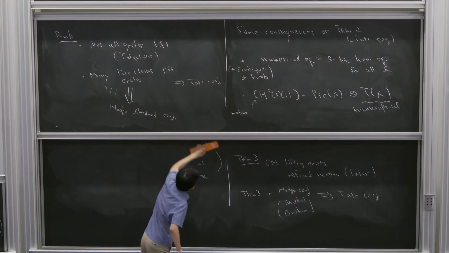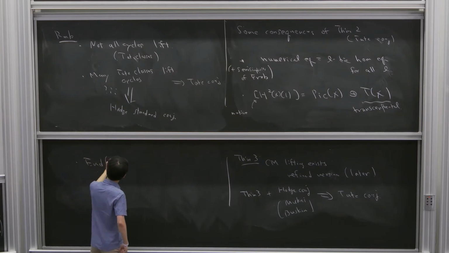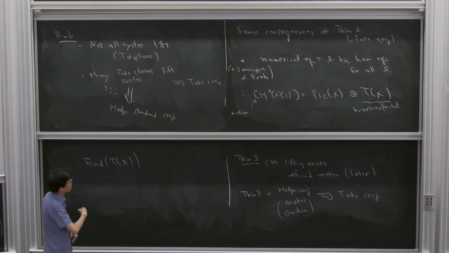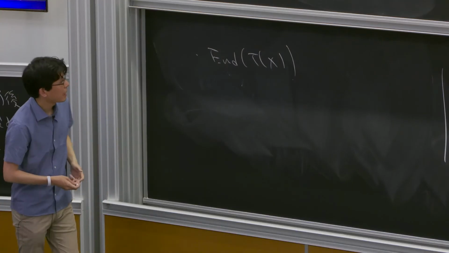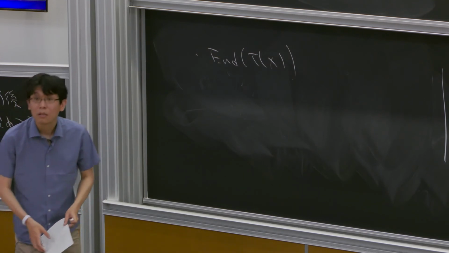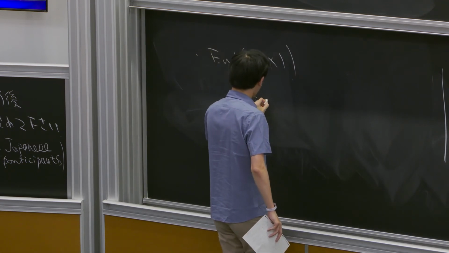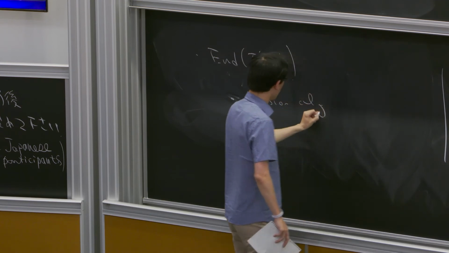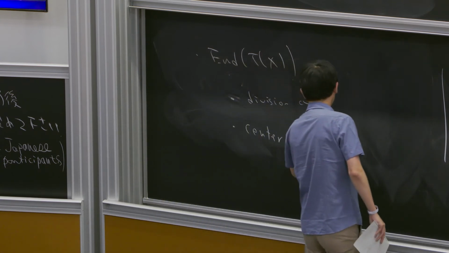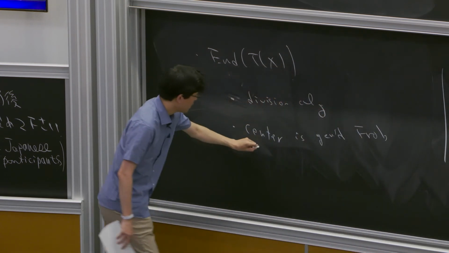Now I look at the endomorphism ring of the transcendental part. By a general fact, working with numerical motives, by Jannsen's theorem, this is a semi-simple algebra. But this algebra is actually a division algebra, whose center is generated by Frobenius. And this center is a CM field.